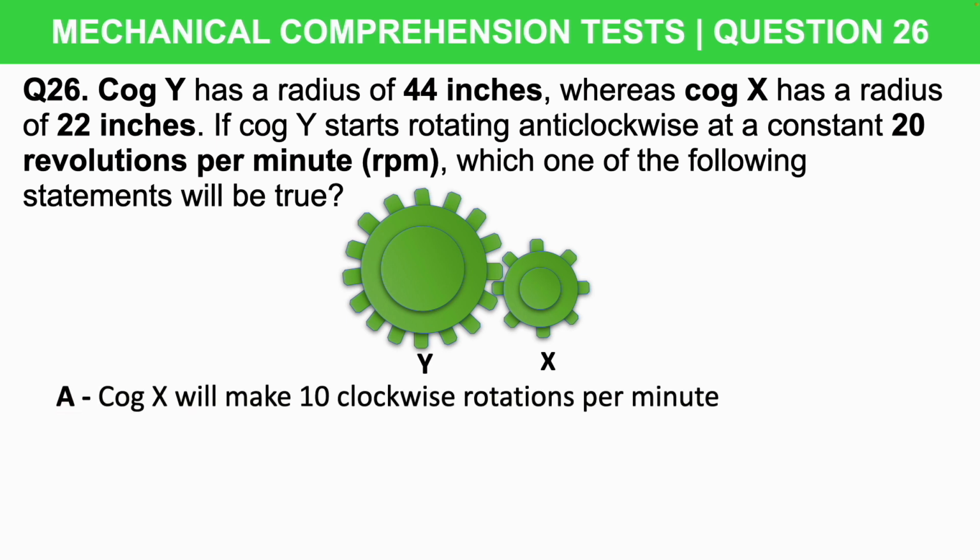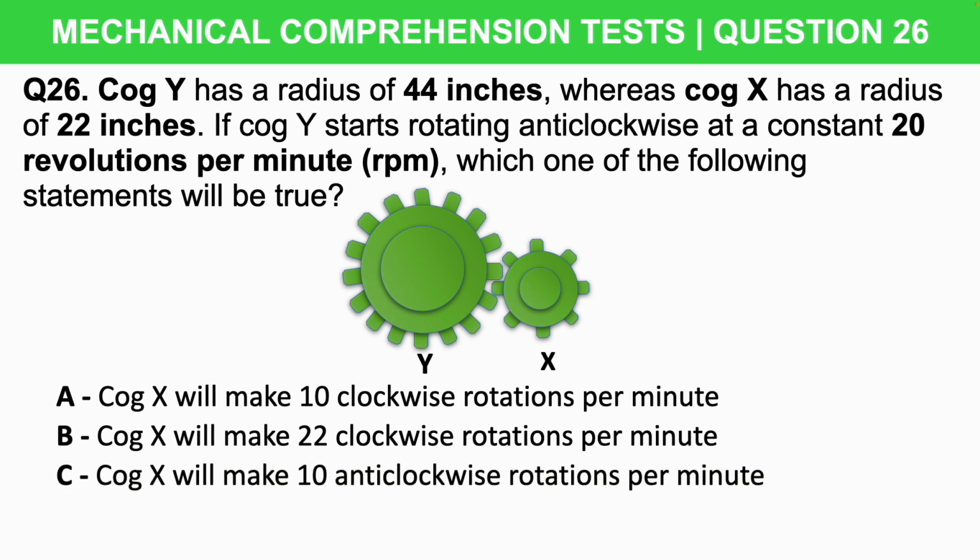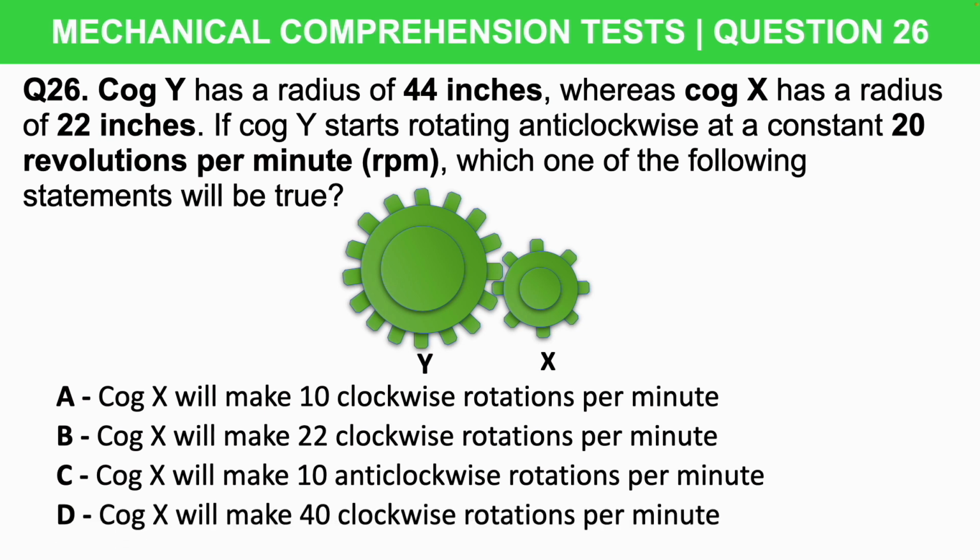A, cog X will make 10 clockwise rotations per minute. B, cog X will make 22 clockwise rotations per minute. C, cog X will make 10 anti-clockwise rotations per minute. Or finally, answer option D, cog X will make 40 clockwise rotations per minute. Okay, your timer for this starts now.